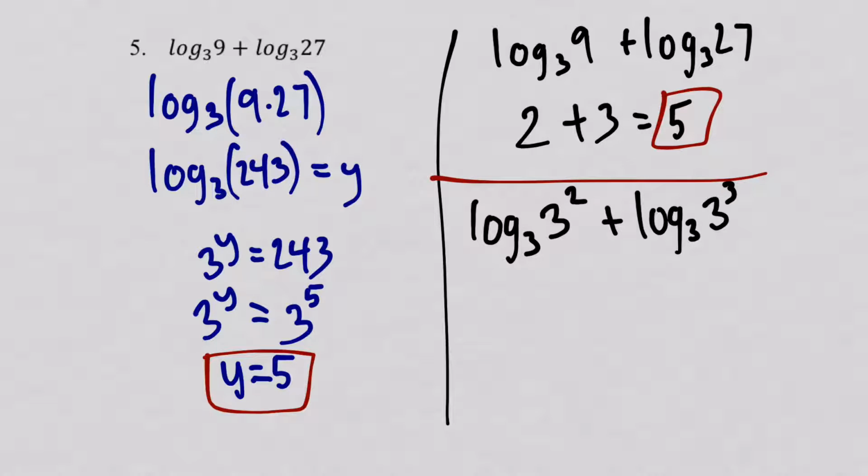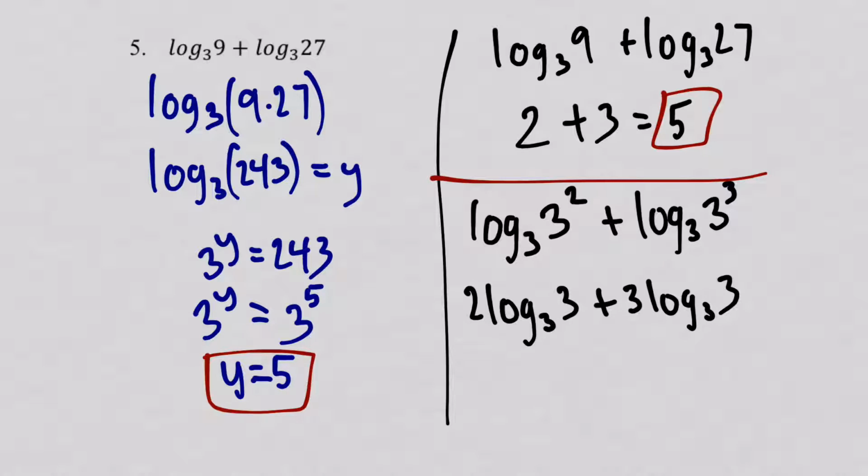It's a lot of 3's right there. And then what I'm going to do is take this power here and bring it to the front, right? I can do that. So I'm going to write it as 2 log base 3 of 3 plus 3 log base 3 of 3.